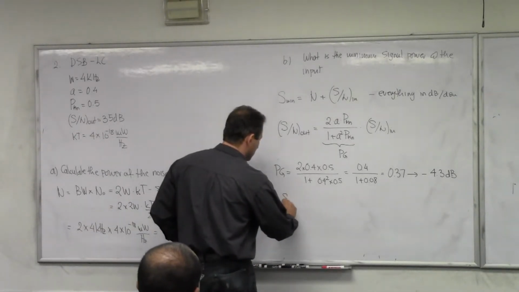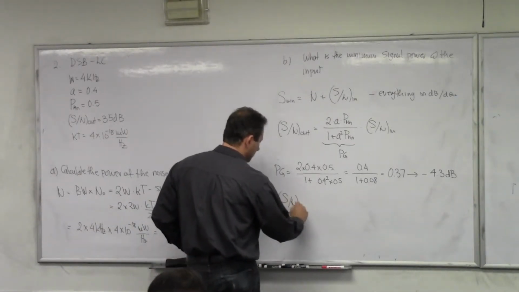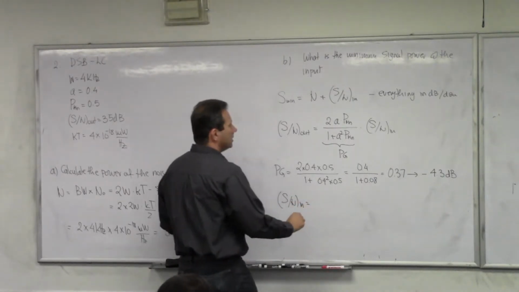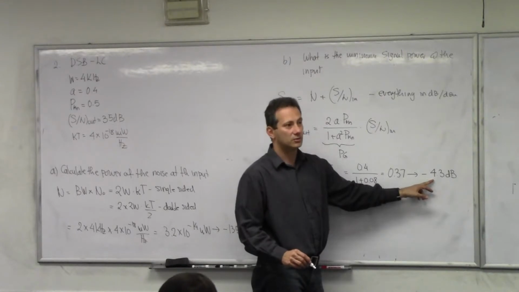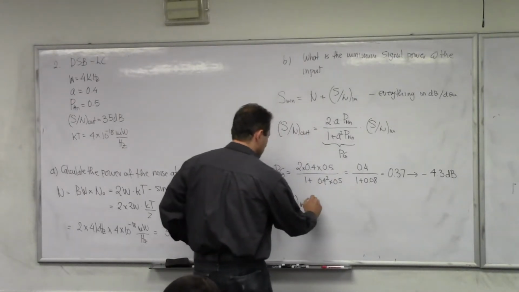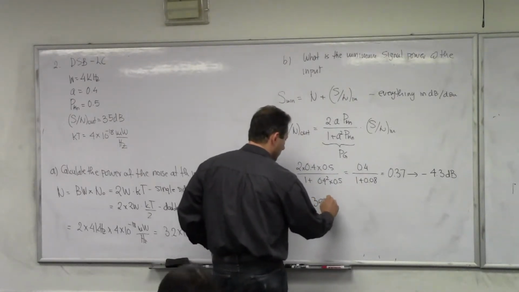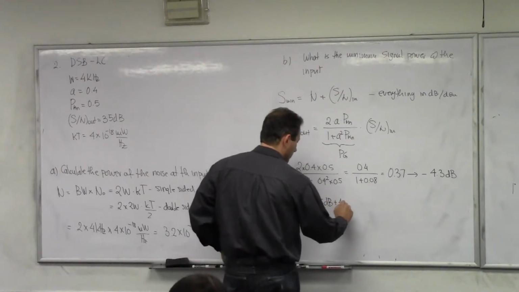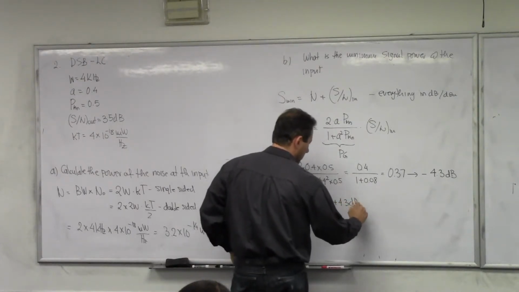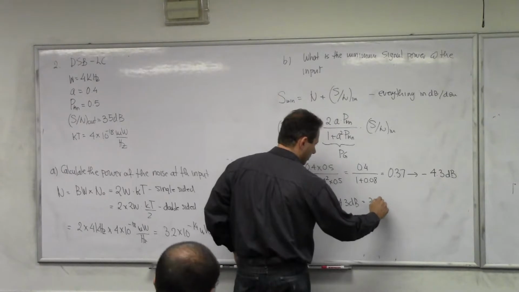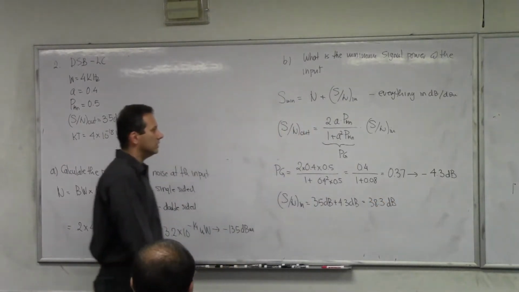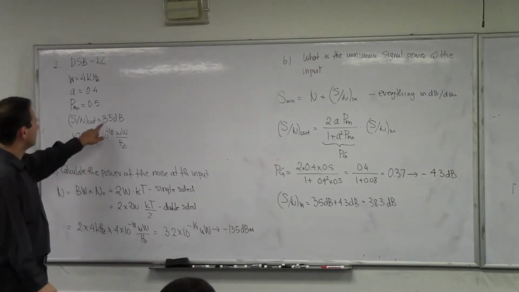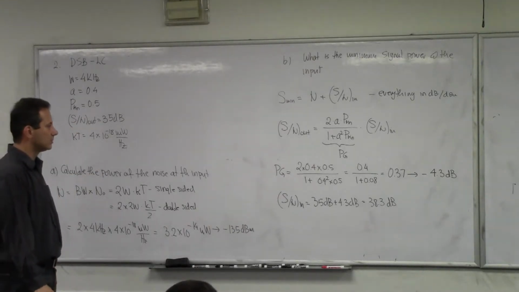So the signal to noise ratio at the input needs to be 4.3 dB better than the signal to noise ratio at the output. So this is 35 dB plus 4.3 dB, and this is 39.3 dB. That's what I need to deliver to the input so that I meet my performance requirement at the output.